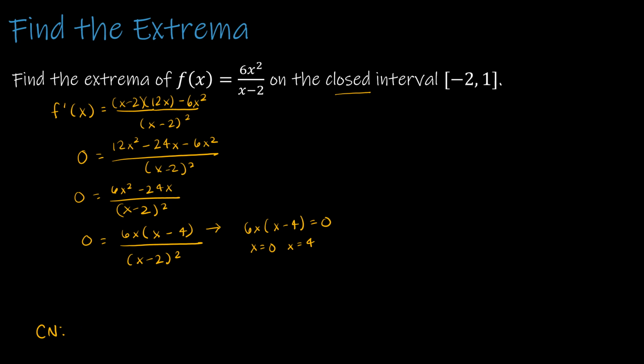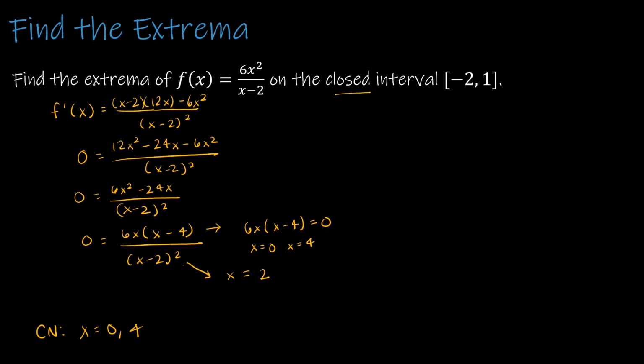Critical numbers, x equals 0 and 4. And then I also have to look at when the bottom is equal to 0, because that is when the derivative is undefined, right? So that would be x is equal to 2.